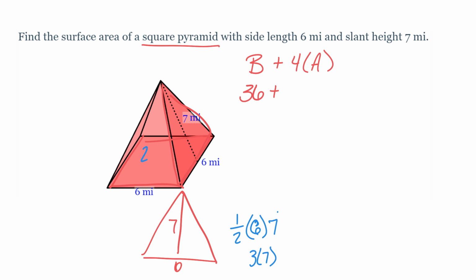So the area of one of these triangles is 21 square miles. So we are going to multiply that times 4 because we do have 4 sides. So we have 36 plus 84. This is 120 square miles.